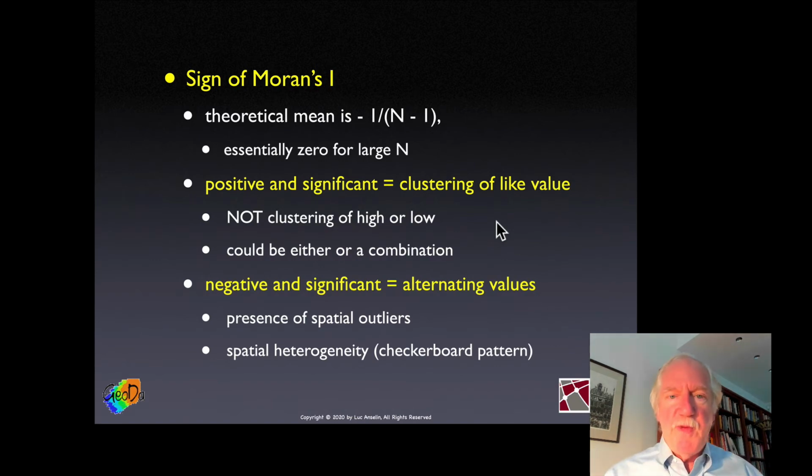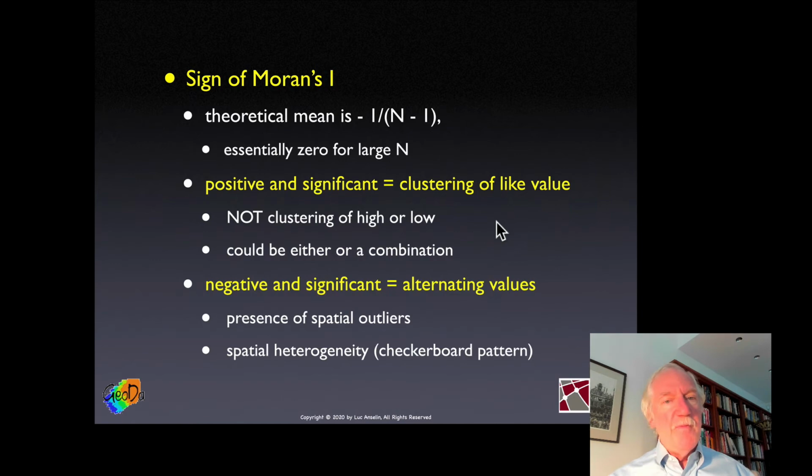Some of the early spatial analyses of this phenomenon at the state level computed Moran's I and concluded that because it was positive and significant, there was a clustering of high stroke rates. As it turns out, and we'll see in the next set of slides how we can assess that, the high positive and significant spatial autocorrelation Moran's I was driven by a clustering of low values in the Midwest and upper Midwest of the US.